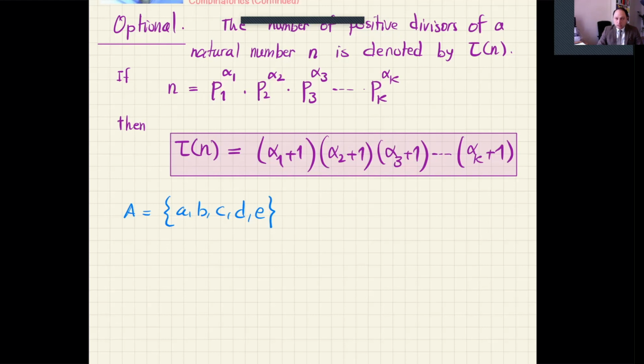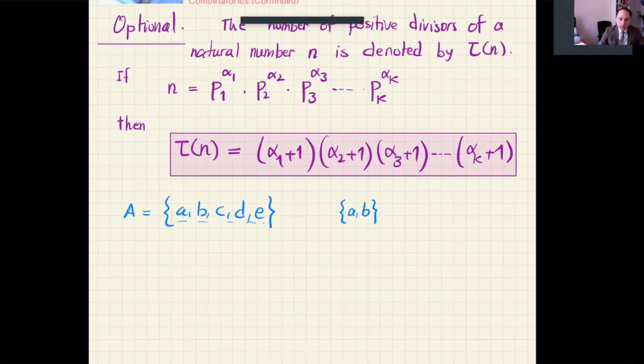But do you think this answer of half depends on the cardinality of the original set as well? Here I have an odd number of elements to start with. For example, if I write {A, B}, it's a subset of the set. It has 2 elements, and 2 is even.